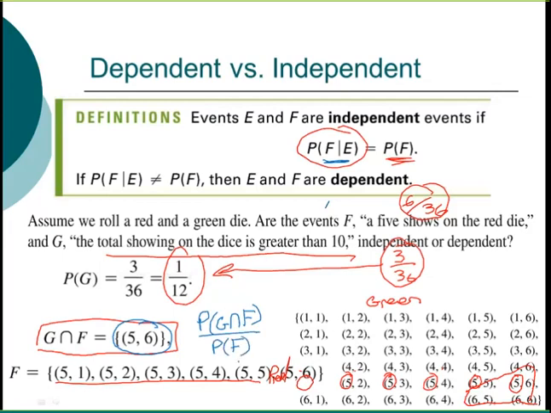And here, the intersection is there's 1. This one right here. That's 1 out of all the different options. There's only one of them that's overlapping between the two sets. The probability of F is these right here, which is the 1, 2, 3, 4, 5, 6 different ways out of 36.